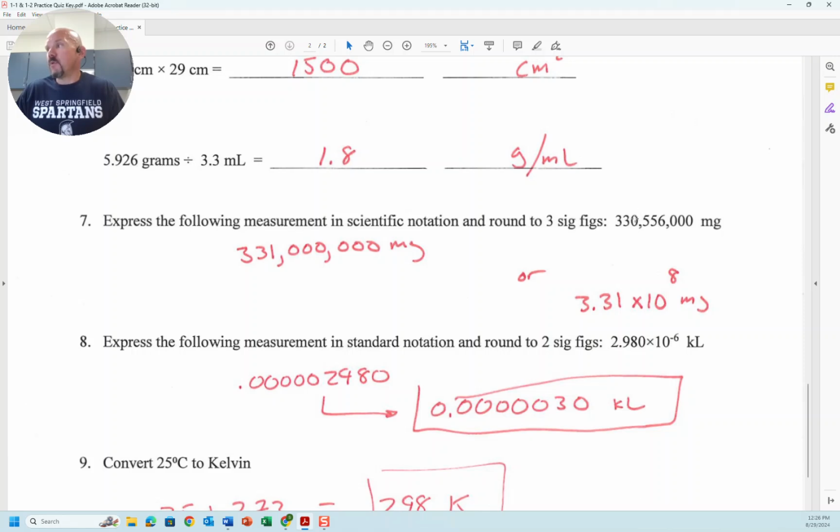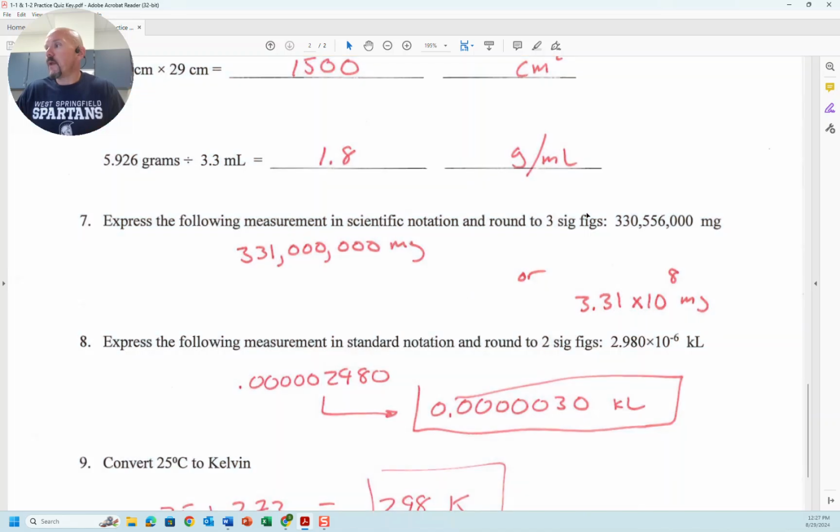That 0 would round up to a 1, and then I got to have my 0 placeholder. So this number rounded to 3 sig digs is there, and then to convert it to proper scientific notation, remember, proper scientific notation means 1 digit to the left of the decimal point. So you would start here, and you would go 1, 2, 3, 4, 5, 6, 7, 8, 3.131 times 10 to the 8 milligrams.